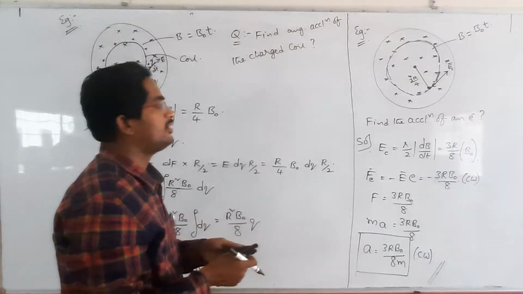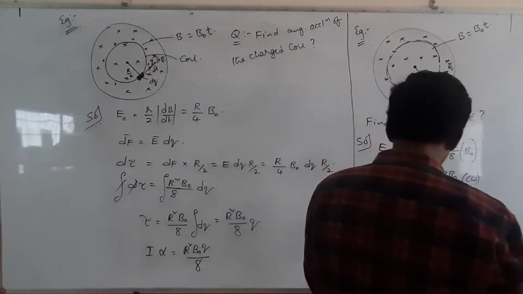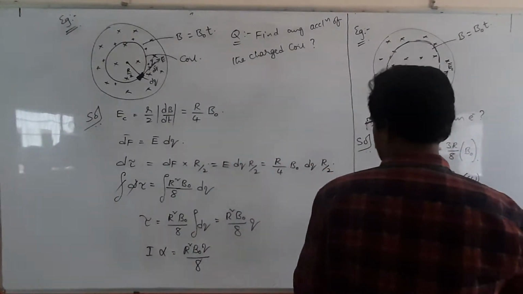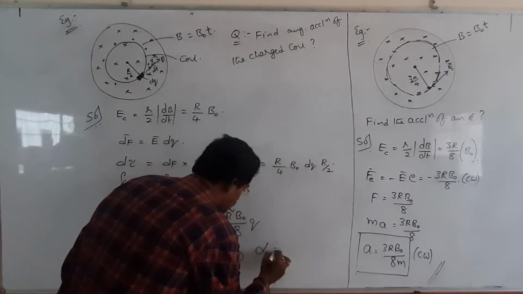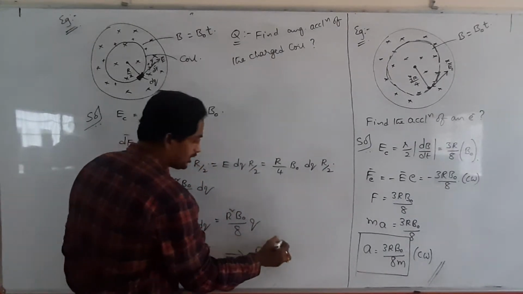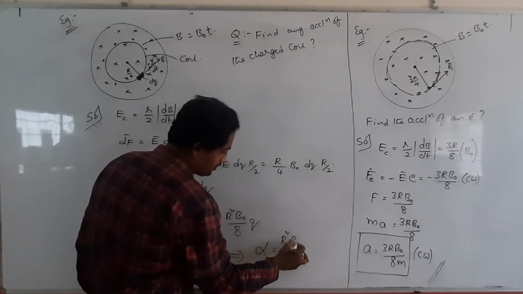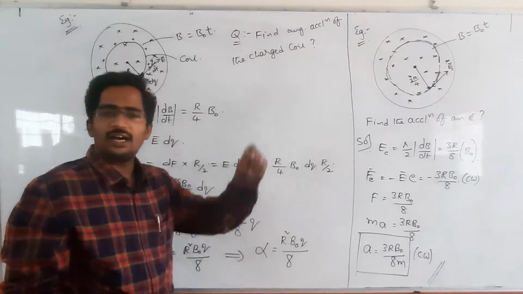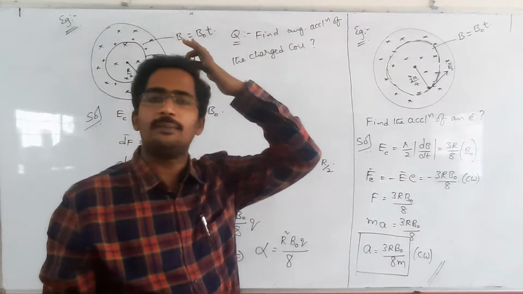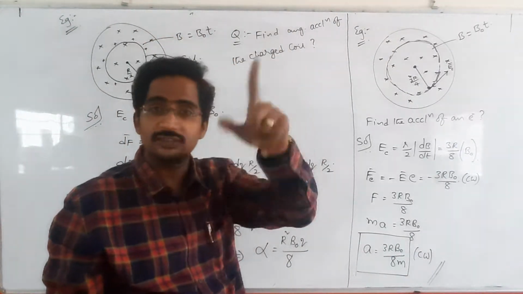Then the alpha value we need to write here. From this, alpha equals R square B naught q by 8I. What is the moment of inertia of a circular coil about its perpendicular axis? M r square.